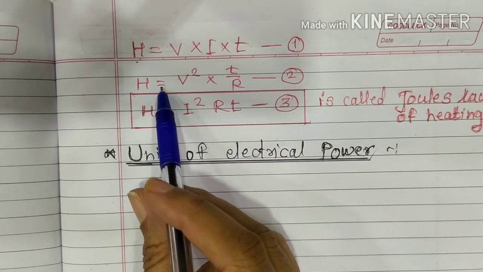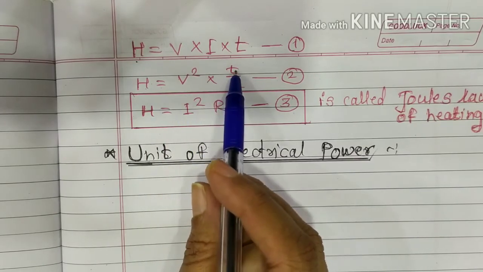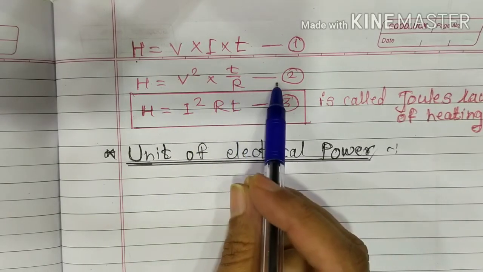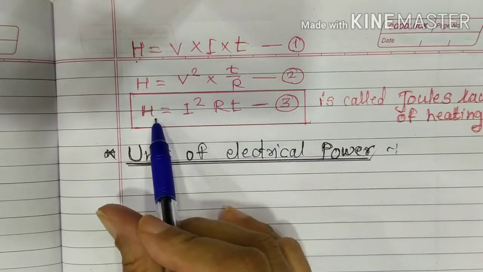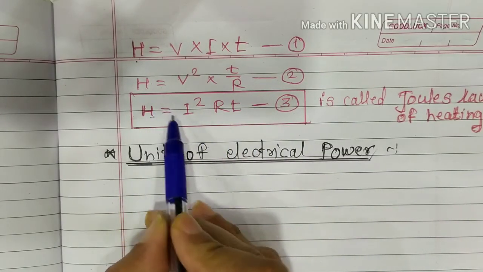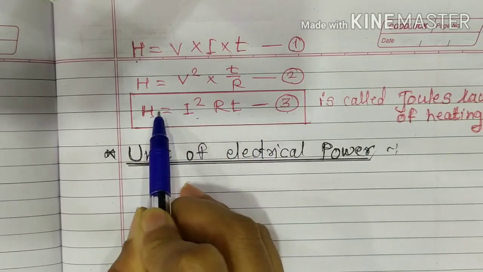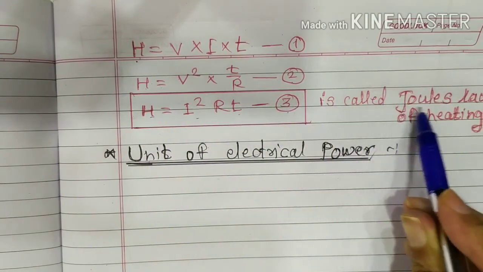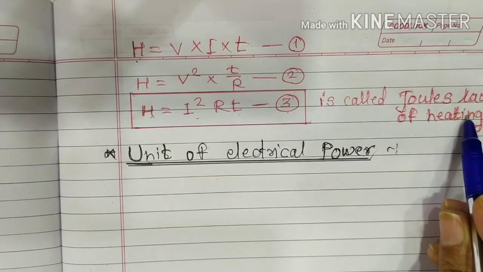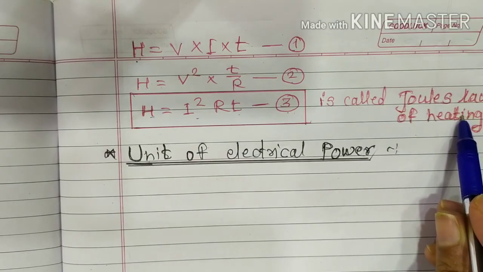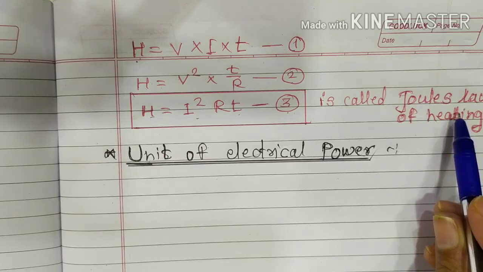Then H is equal to V square into T by R is the second formula, and H is equal to I square RT is the third formula. This is called Joule's law of heating. By this formula we can derive the heat that is produced in the conductor or in the resistance.